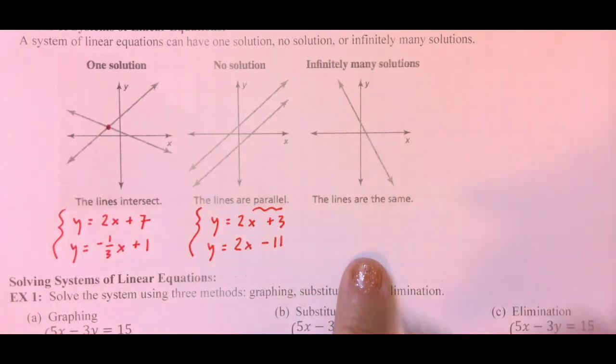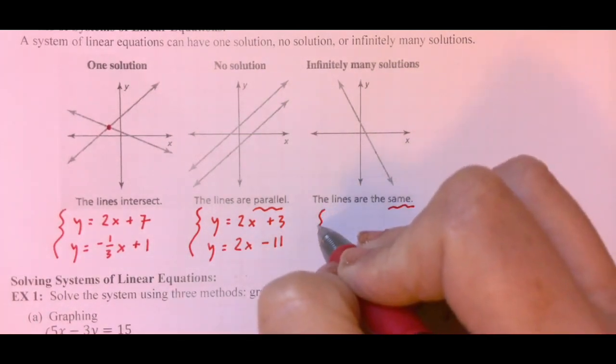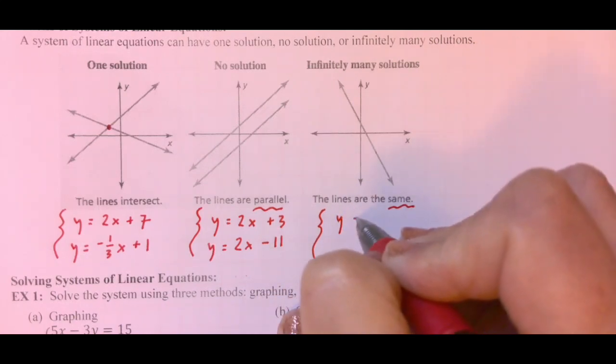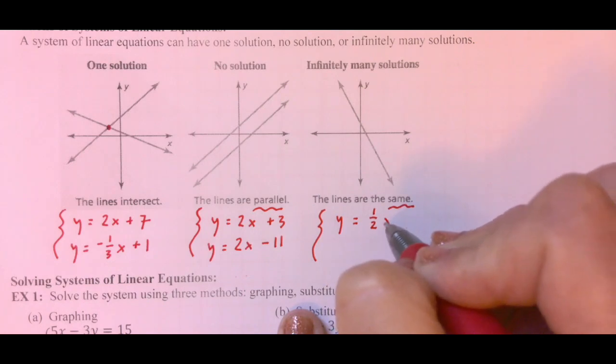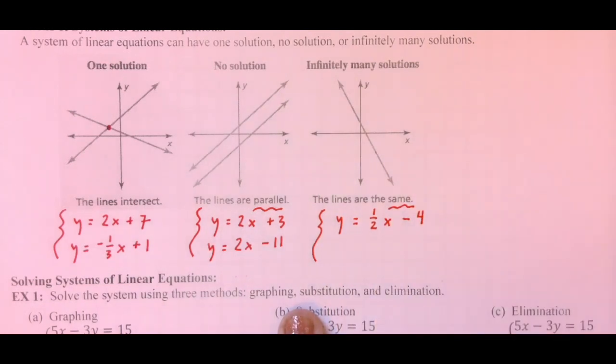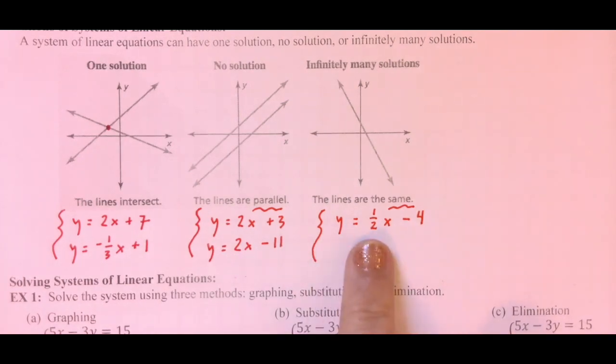If the lines are the same, here infinitely many solutions, let's say that I write the first line as y equals 1/2 x minus 4. Let's say that that's my first equation. Imagine that I put a multiplier on each of these terms. Let's say that I double each of these terms. I multiply by 2.